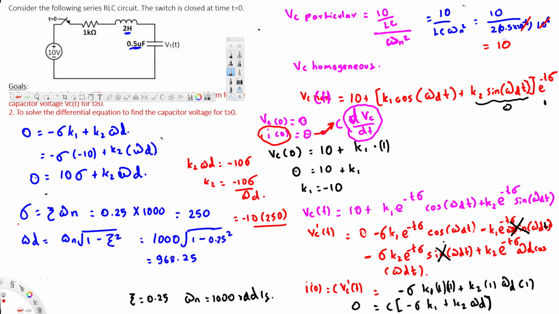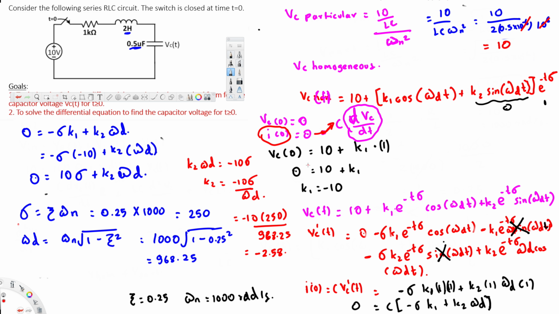We calculated omega d, that's 968.25, and if you calculate this k2 value, that's going to give you negative 2.58. Now we have the k1 value, k2 value, and also the omega d value. Also we have the sigma. So we can write our particular solution for this non-homogeneous differential equation.